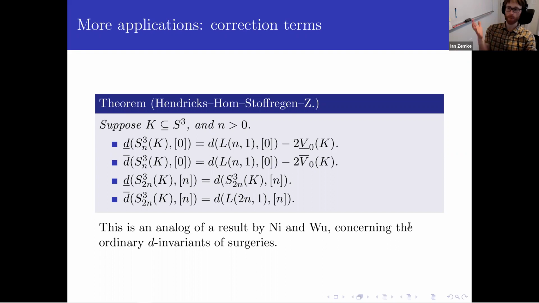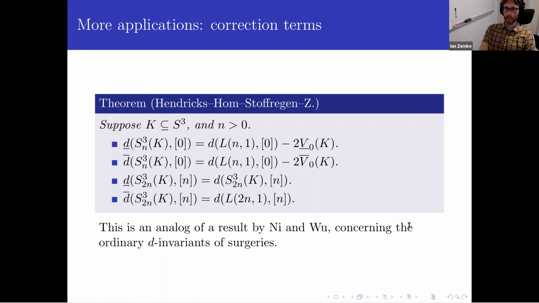There's basically just one piece of data, and if you computed it on +1 surgery, that was the most important thing, and then all the other coefficients were just a formal shift depending on the coefficient. And so this is an analog of that. They're determined by their values on one surgery, and then everything else is gotten by a shift. That's the moral of the story.